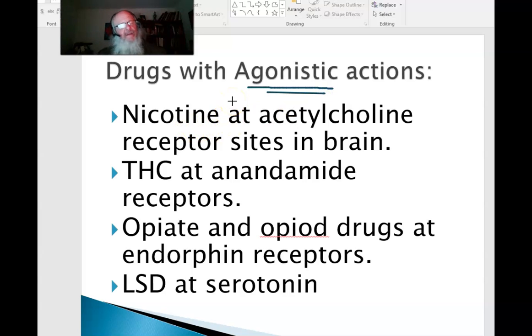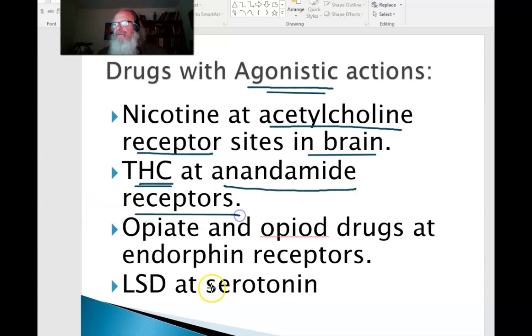Nicotine, the major active ingredient in tobacco, fits into receptor sites for acetylcholine in the brain. We've already talked about cannabis, THC, at anandamide receptors. The pain-killing drugs, opiate and opioid drugs, at endorphin receptors.